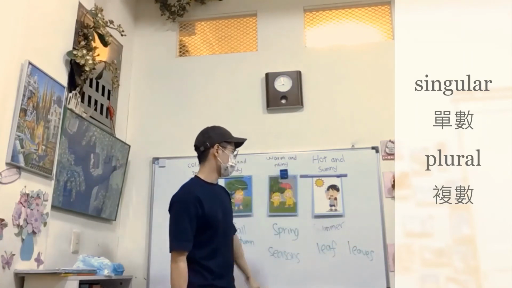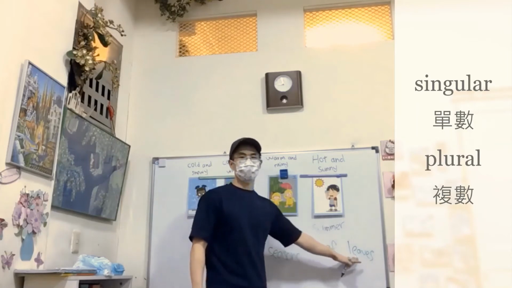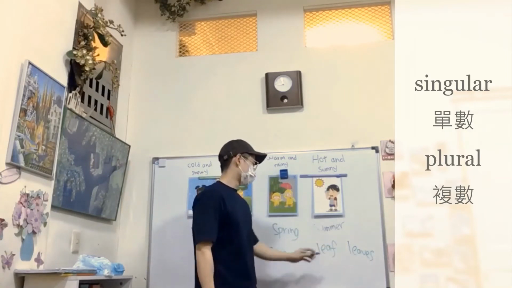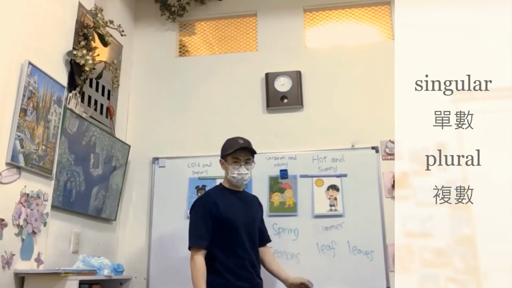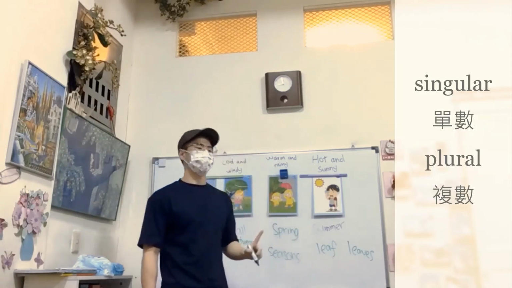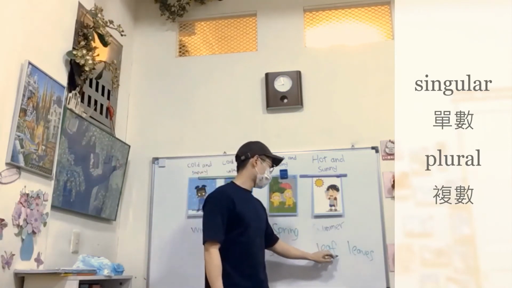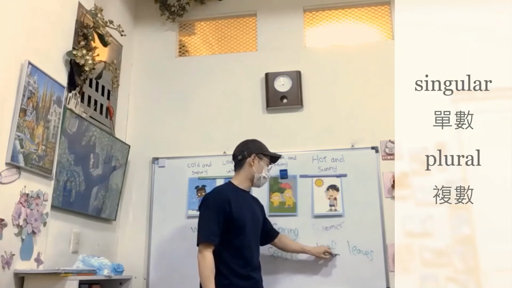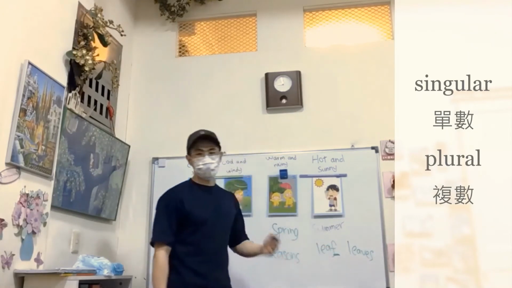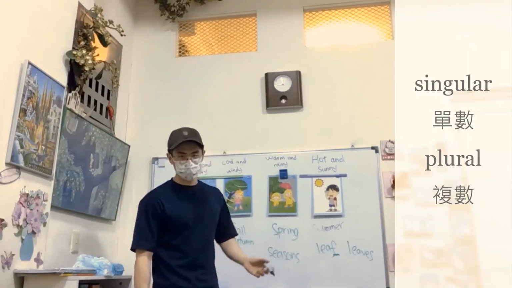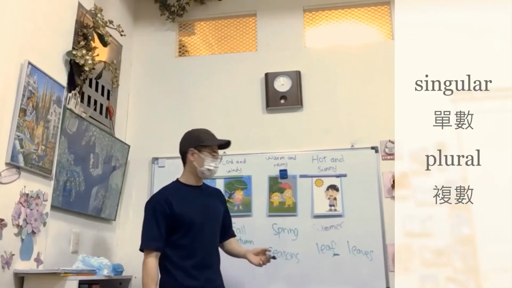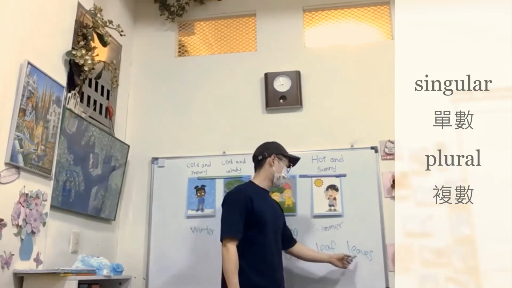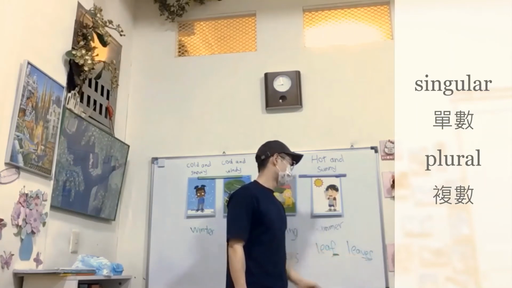Alright, so do you notice the difference between the 2 words? Okay, so when it is singular, meaning there's only one object, we spell with the word F at the back. Alright? However, when it is plural, meaning there is more than one, we take out the F and we put a V-E-S at the back.